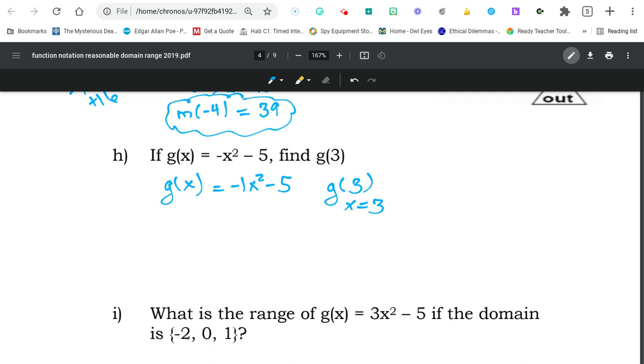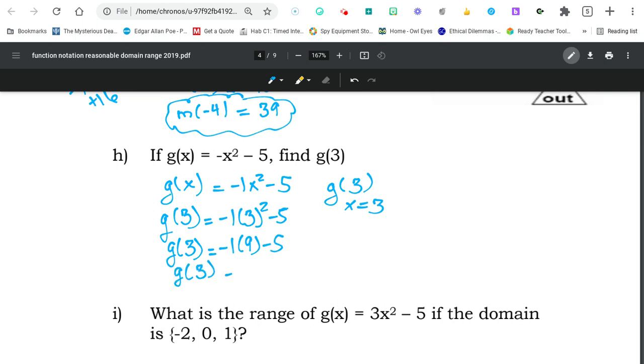All right, this is what you should have. Negative 1 times 3 squared minus 5. Take care of your parentheses first. 3 squared is 3 times 3, which is 9. So you have negative 1 times 9 minus 5. So now you end up with negative 9 minus 5.